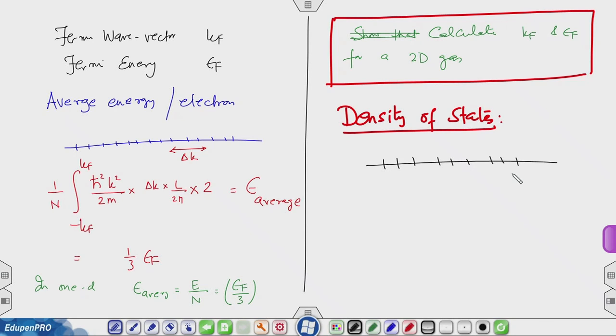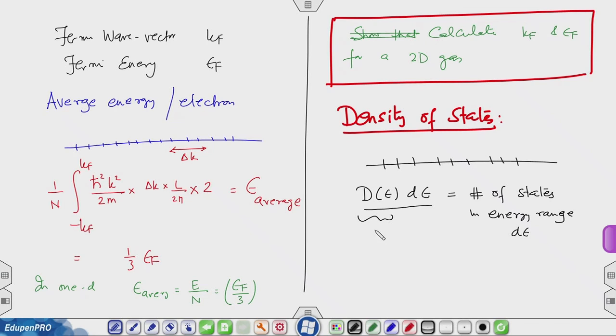So, I talk about density of states, and when we talk about density of states in this language, this means number of states in energy range dE is given by dE times this delta E, which is equal to number of states in energy range dE, and this is known as density of states.